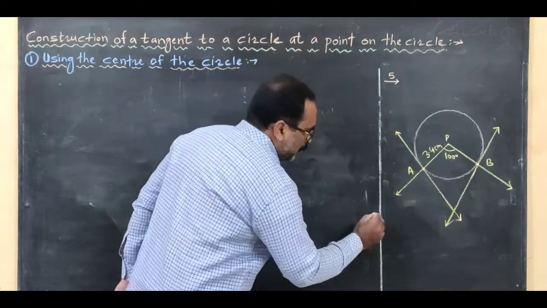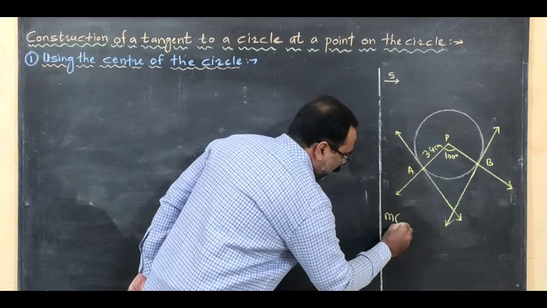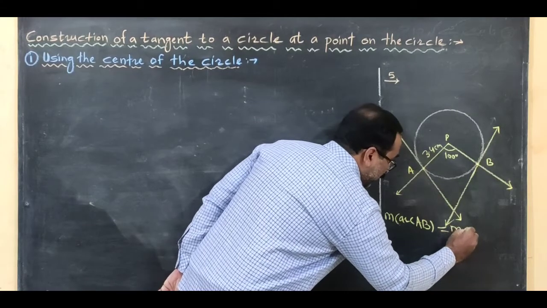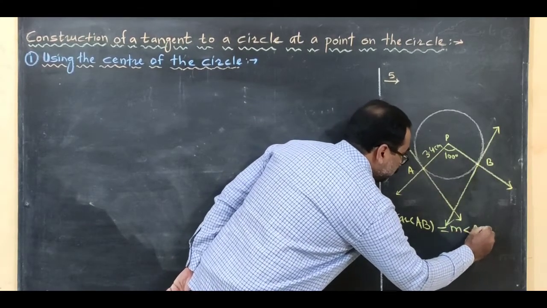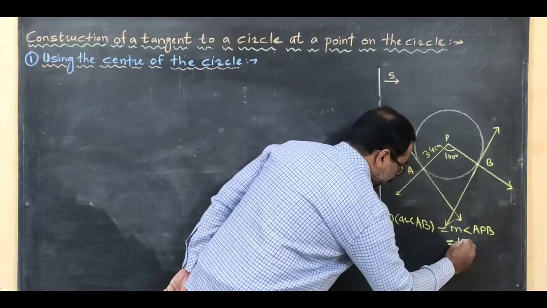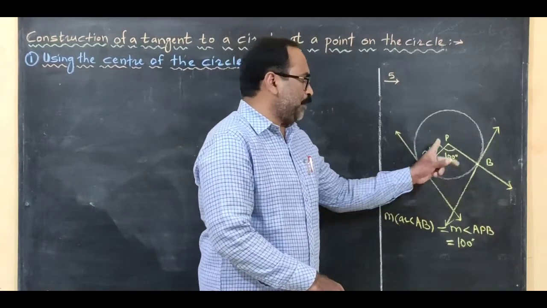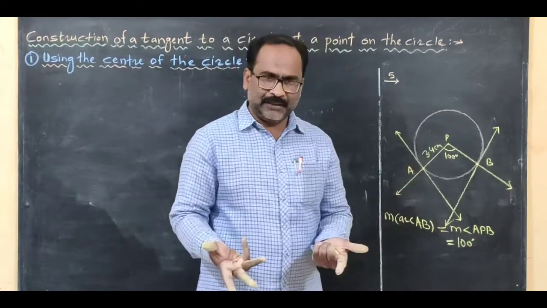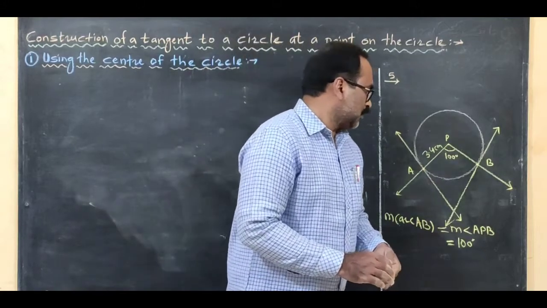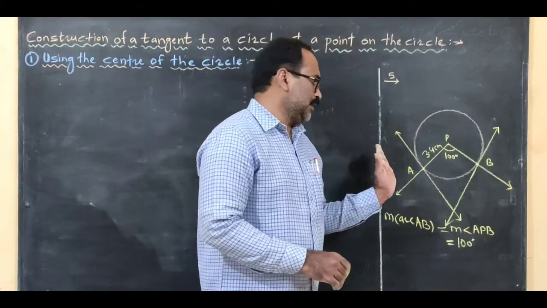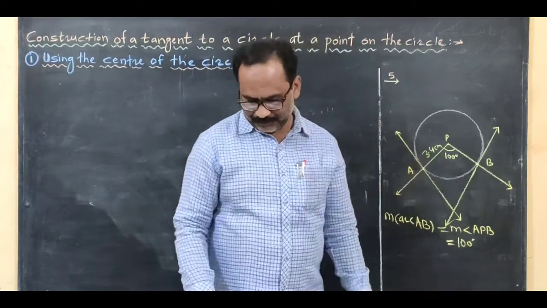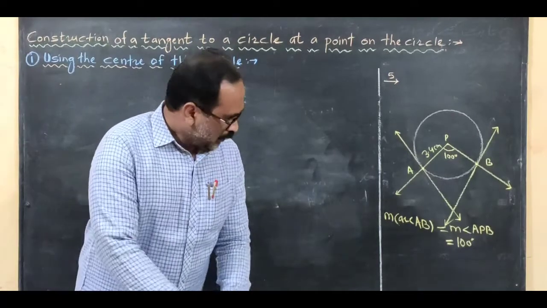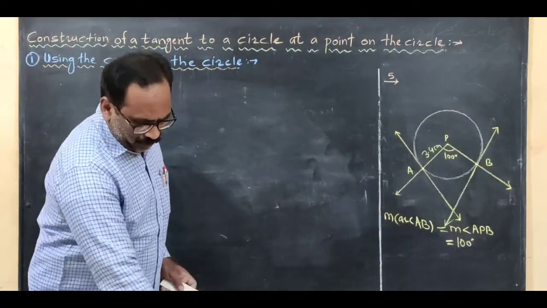Here it means measure of arc AB is equal to measure of angle APB. It is 100 degree. The measure of arc AB is 100 and we draw tangent to the circle through points A and B. So first we draw a circle of radius 3.4 centimeter.